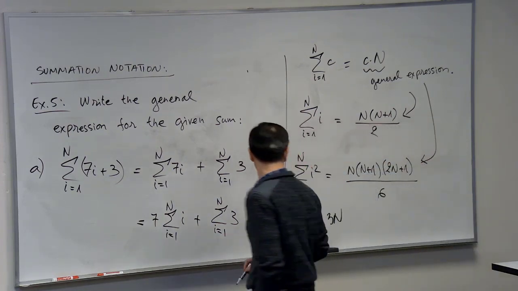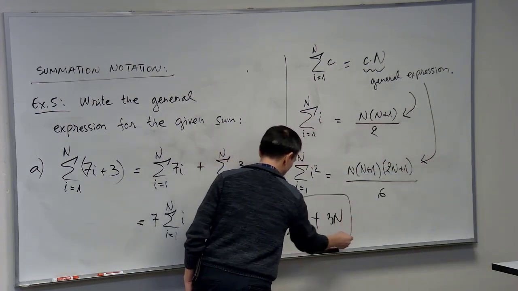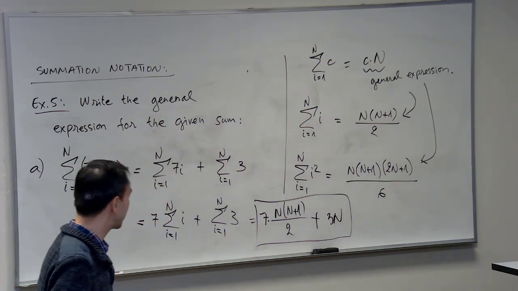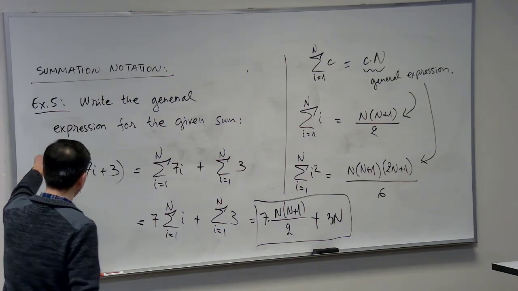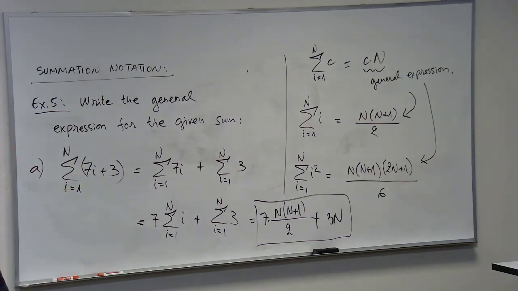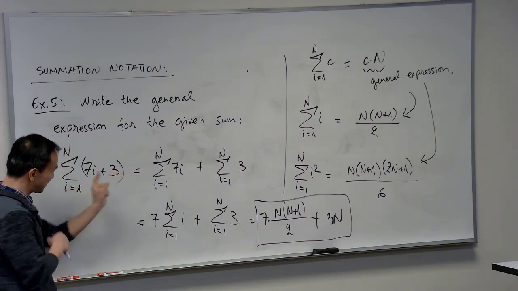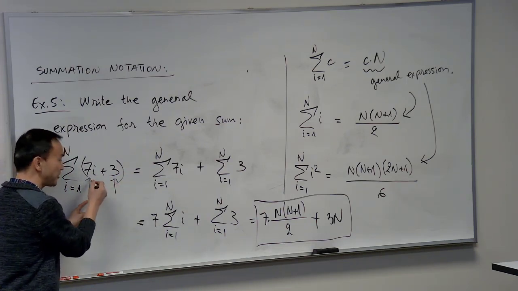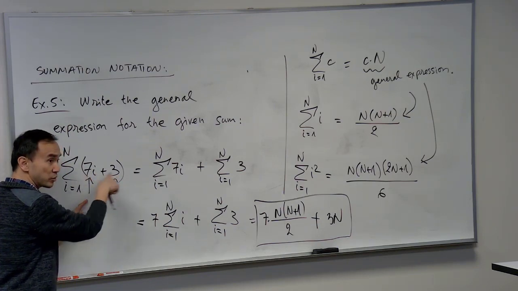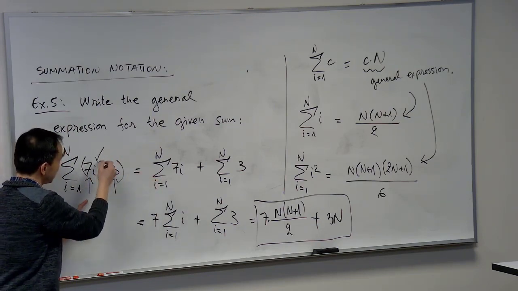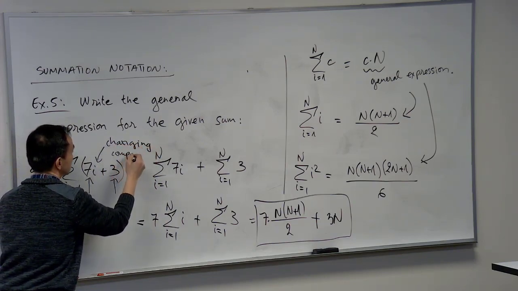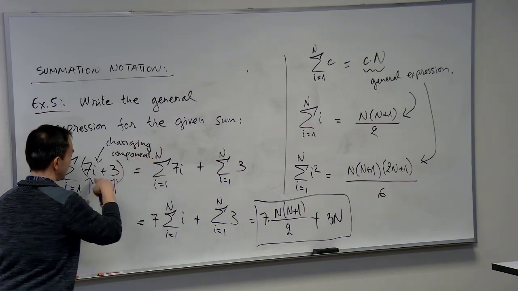You guys following? But ladies and gentlemen, this is that general expression I'm talking about. We wrote a general expression for a lengthy sum in terms of n, the number of terms. That's how it's done. So the crucial key in any of these problems is that you have to recognize the constant part and the coefficient part, which is always going to stay the same throughout all terms, and then there's a changing component, or the variable component, the one that changes value throughout each term.